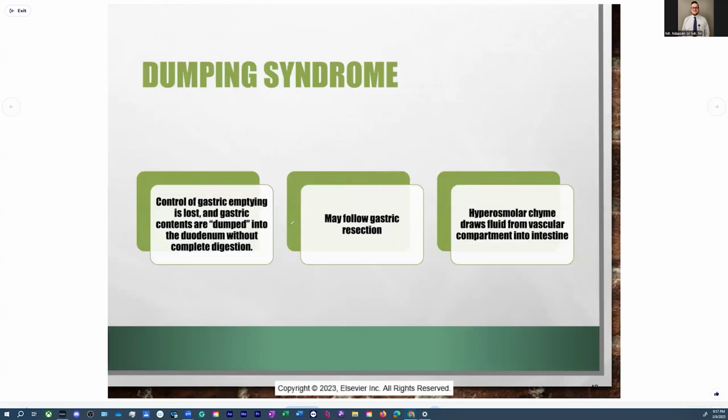Dumping syndrome is another side note to make. Dumping syndrome is basically about how we control gastric emptying, how we control stuff leaving our GI tract. If stuff is not properly broken down in the stomach and is just kind of dumped into the duodenum without complete digestion, they call that hyperosmolar chyme.